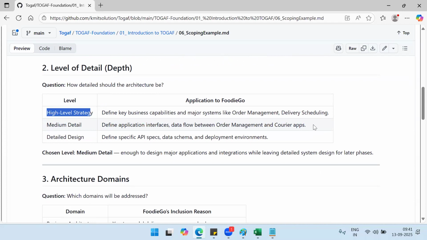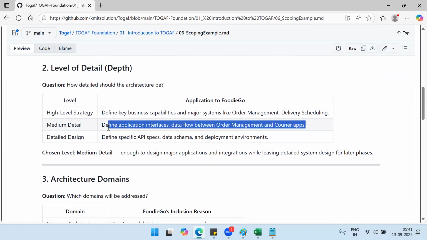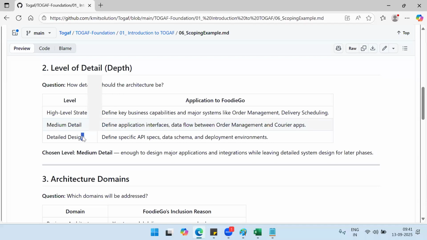It totally depends upon what kind of application you need to develop, so you are basically defining the scope of your application. At the detailed level, define the specific APIs, data schema, and deployment requirements. So choose medium detail, enough to design the major application and integration while leaving the detailed system design for later phases.